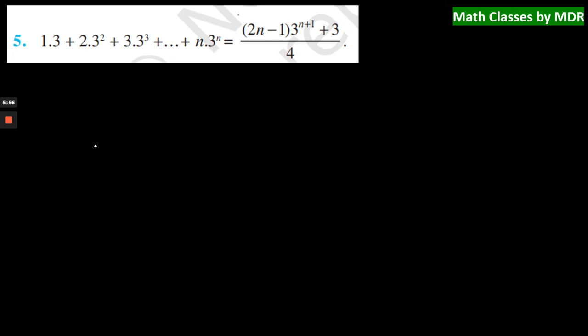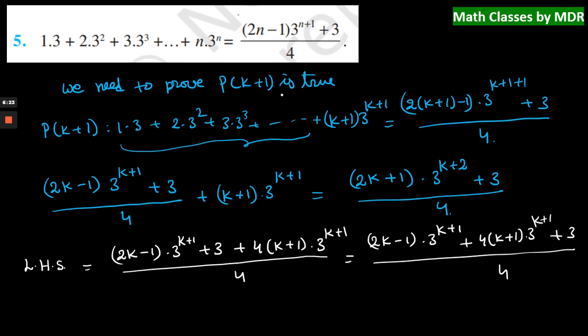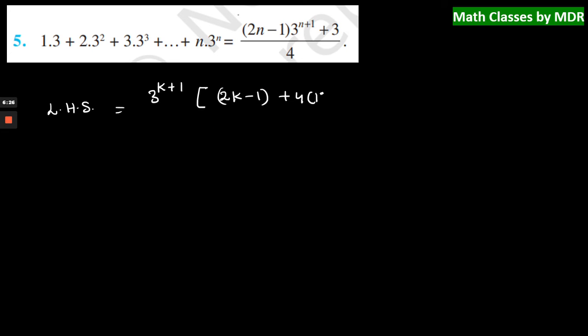On taking 3^(k+1) common, our left hand side will be equal to 3^(k+1) common. What else is there? (2k minus 1) plus 4 into (k plus 1) plus 3, whole divided by 4.